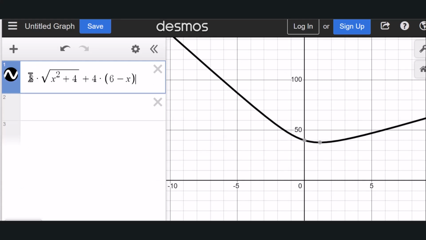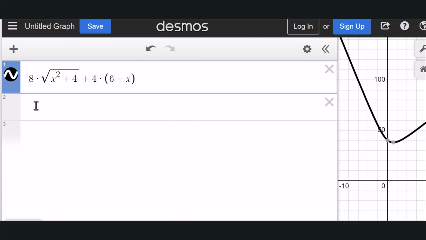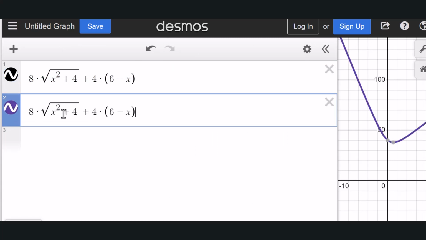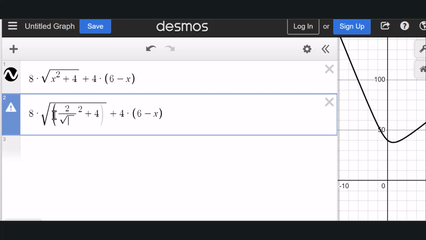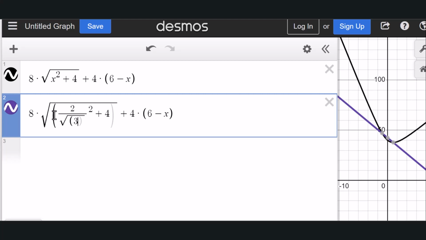And we can confirm our answer by graphing it in Desmos right here. We have the point of minima, or for the minimum value, we can have this here. We will replace x by 2 over the square root of 3, okay?